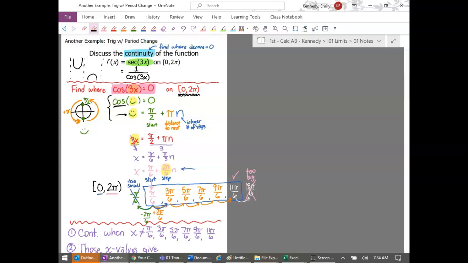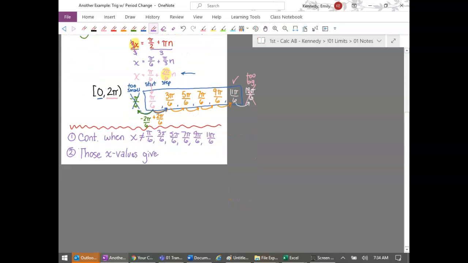And if you remember that it has vertical asymptotes but no holes, then that's one way to know that these are non-removable discontinuities, just knowing the graph.